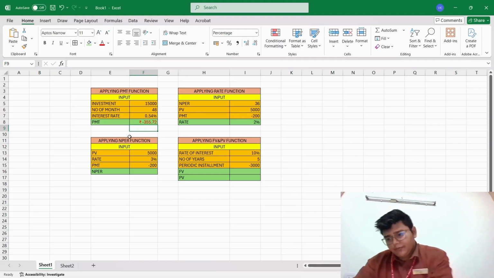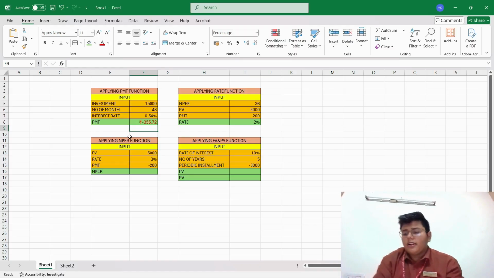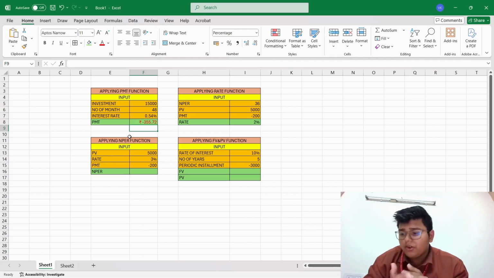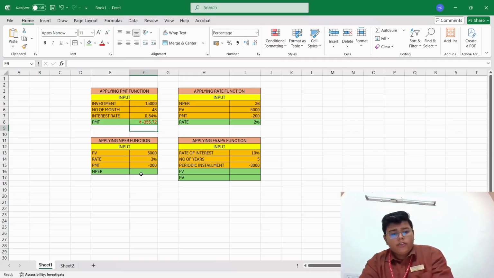And then we will go to NPER. The NPER function calculates the number of periods for a loan or investment based on a constant payment and interest rate. NPER shows how many months you are going to pay that loan, and how many months you are going to get the interest of the investment.